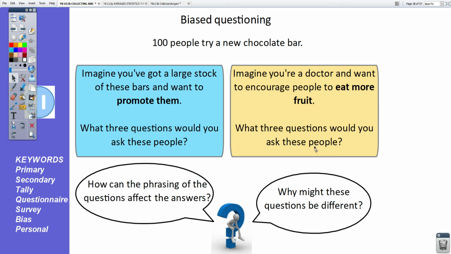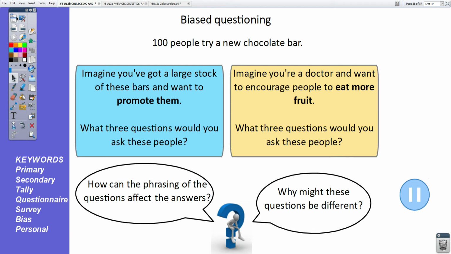What 3 questions would you ask these people now? How can the phrasing of the questions affect the answers, and why might the questions be different? So have a read of that again, and then come up with some questions that might be asked in order to promote the chocolate and in order to get people to eat more fruit. And we'll have a look in a moment.